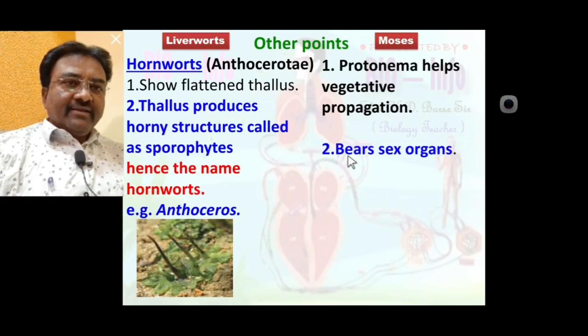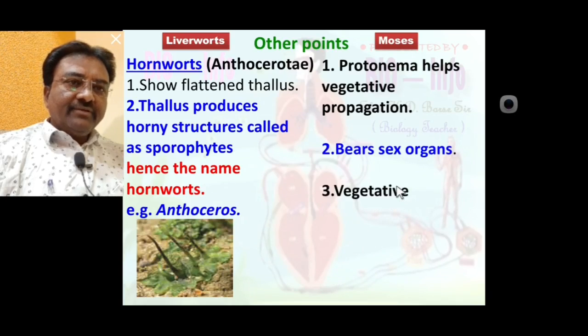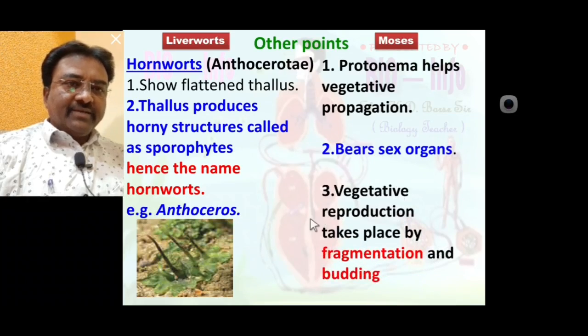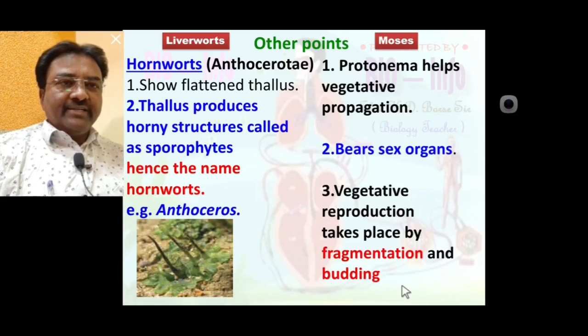Second, the protonema bears sex organs. Vegetative reproduction takes place by fragmentation and budding, seen in mosses. Up to this we discussed in detail the differences between liverwort and mosses.